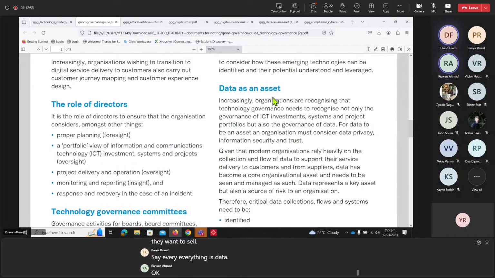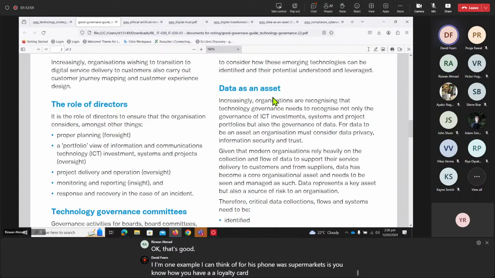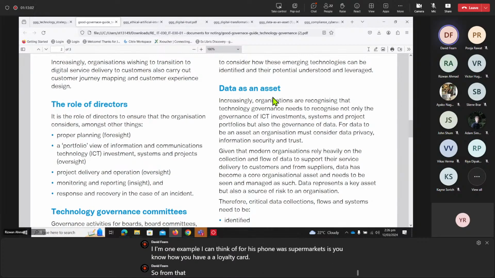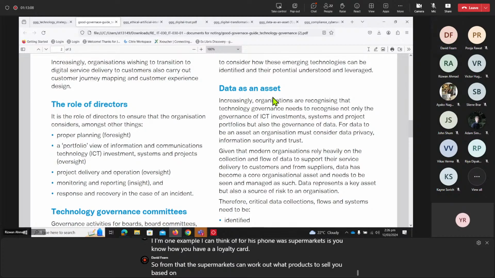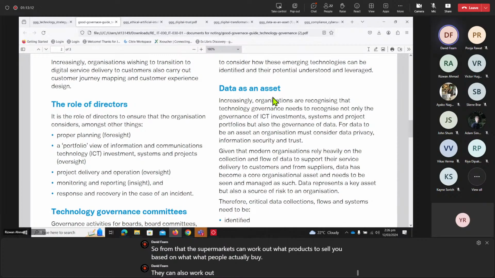Okay, that's good. One example I can think of is supermarkets. You know how you have a loyalty card? From that, the supermarkets can work out what products to sell you based on what people actually buy. They can also work out where to place items in store, whether it should be a top shelf or bottom shelf product.